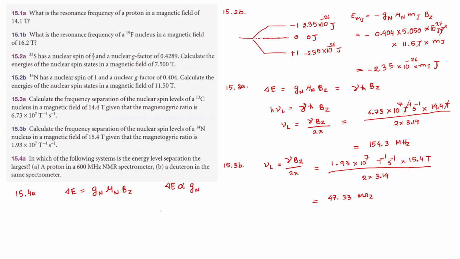Okay, so delta E for 1H divided by delta E of deuterium, or 2H, the nucleus of deuterium, is Gn of 1H over Gn of 2H, right?